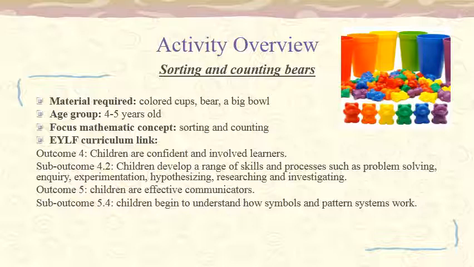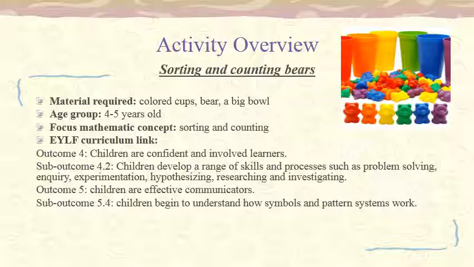The curriculum, the Early Years Learning Framework, is interpreted in two learning outcomes plus two sub-outcomes. The first is number 4: Children are confident and involved learners, followed by sub-number 4.2: Children develop a range of skills and processes such as problem-solving, inquiry, experimentation, hypothesizing, researching, and investigating.